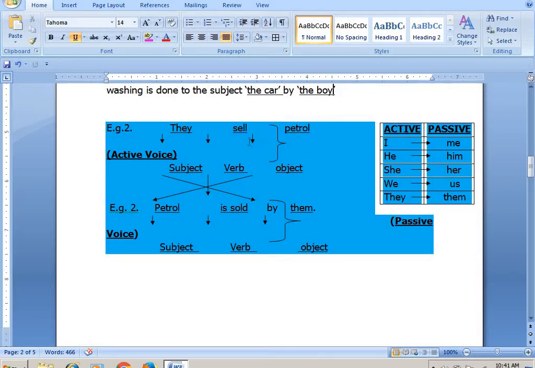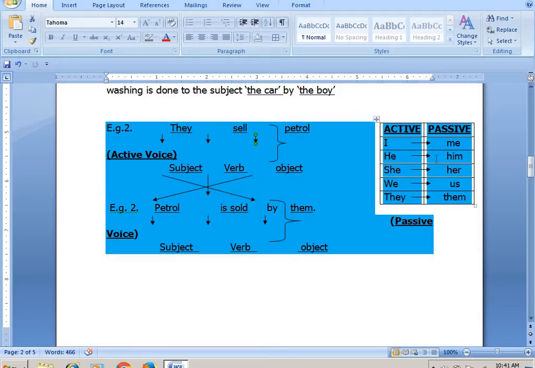I have shown the arrow, students. This arrow is of the petrol, of the object. Now, look here, as I had told you, subject becomes object. What is the subject? They becomes object, object becomes subject, and so petrol becomes the subject, and sell becomes the past participle sold: petrol is sold by them.